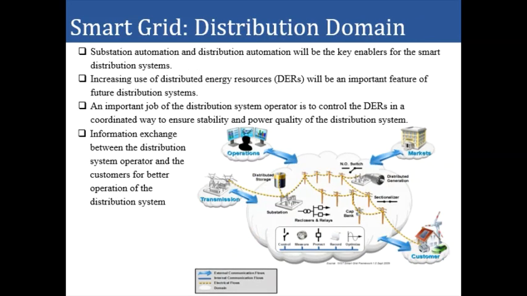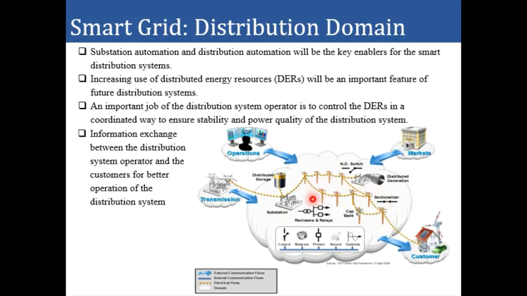Now, in case of the distribution domain, the important thing is the monitoring and control of the distribution system, where a lot of protection and control devices need to be monitored, and that happens with the help of substation automation and distribution automation. In the distribution domain, the distributed energy resources are also increasingly being integrated.